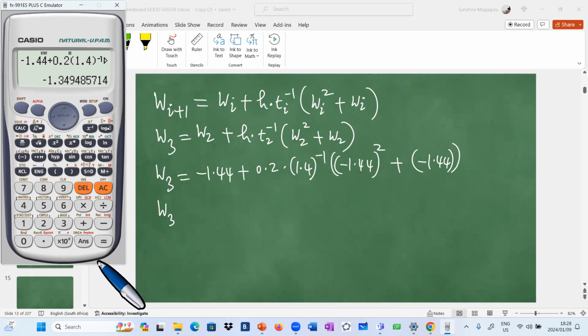Right, this is what the calculator gives. I need to sort of believe that this is correct. I hope we did not make any mistakes here, but the idea is to illustrate the method that we are learning.